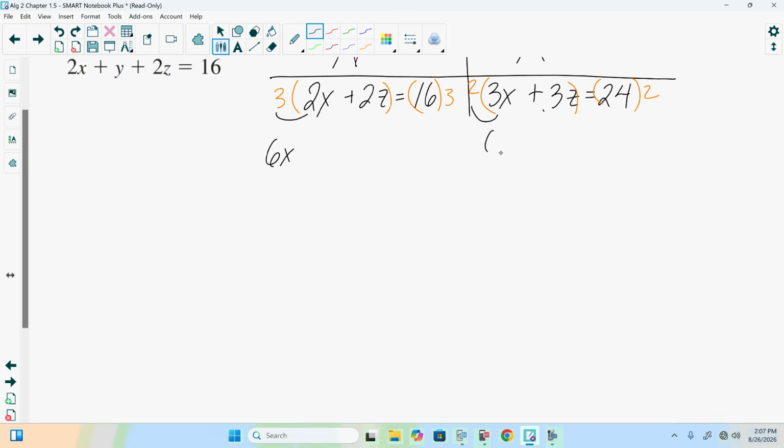Here, if I do 2 times 3x, I get 6x. 3 times 2z is going to be plus 6z. 16 times 3 is 48. 2 times 3z is plus 6z, 24 times 2 is 48. Pretty much, we got them to be the same.